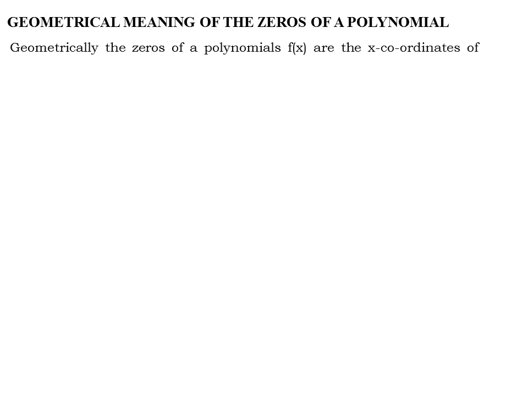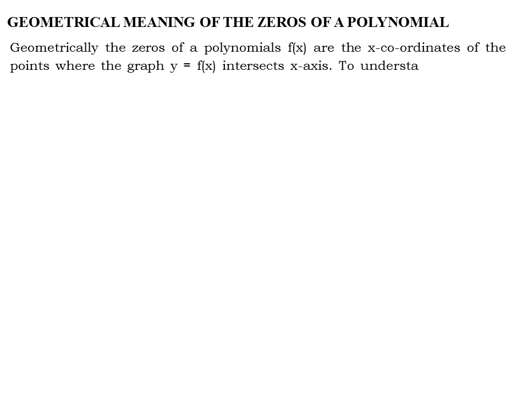Now the second part, geometrical meaning of the zeros of a polynomial. Geometrical meaning means graphical solutions. So geometrically, the zeros of a polynomial f of x are the x coordinates of the points where the graph of y equals f of x intersects the x-axis.